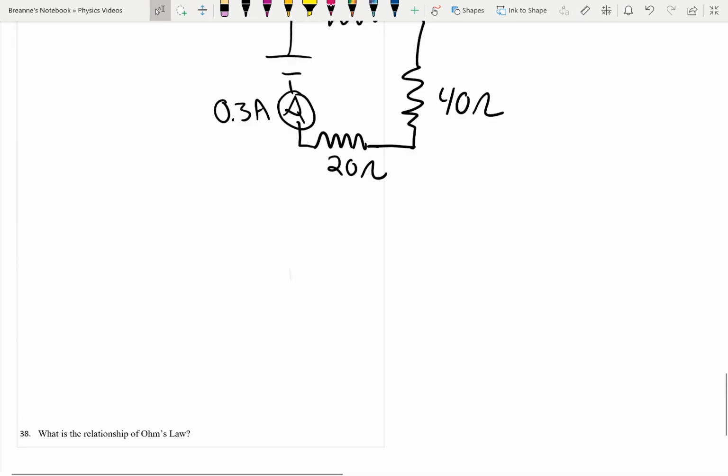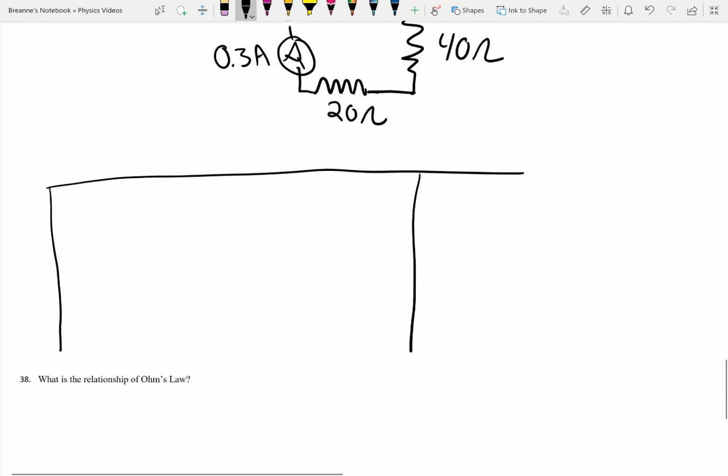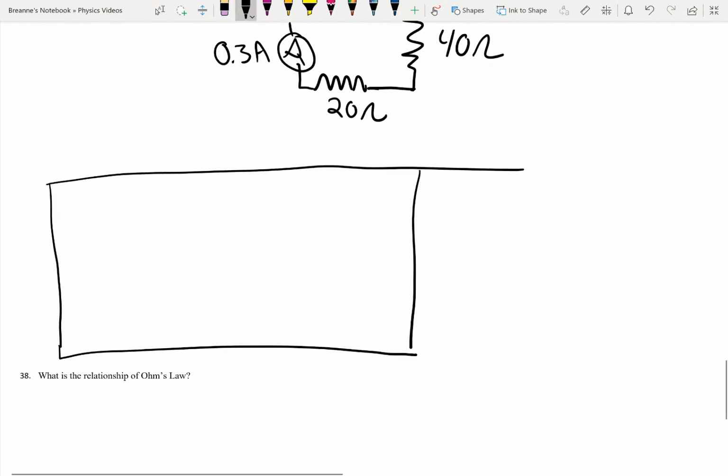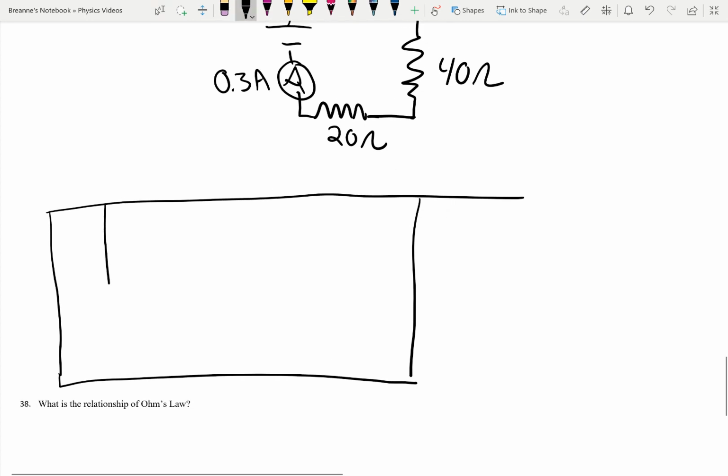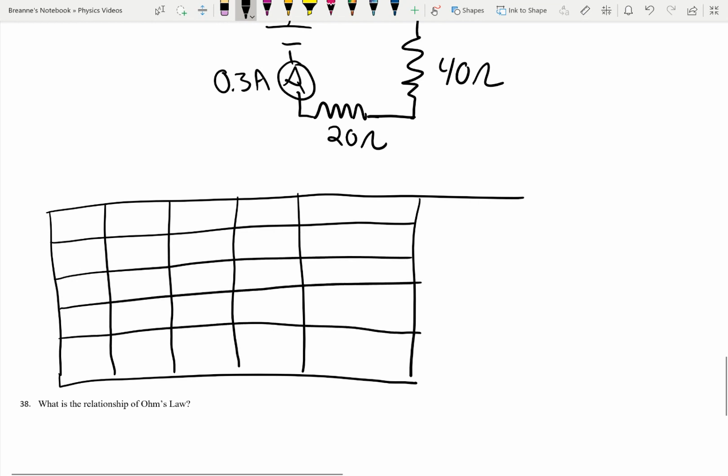So this one does have multiple resistors, so we can go ahead and use the chart. Didn't mean to make it so big. Voltage, current, resistor, 1, 2, 3, total.